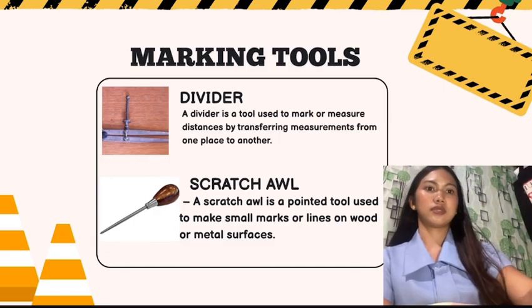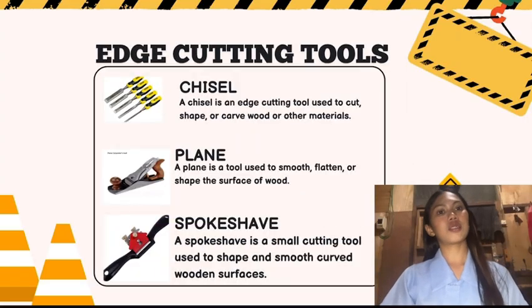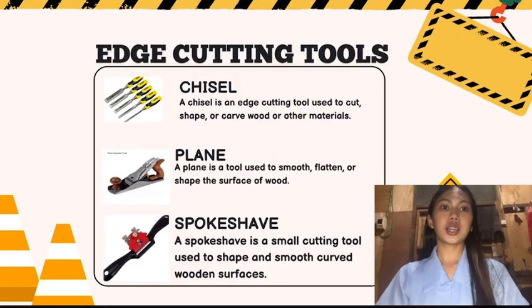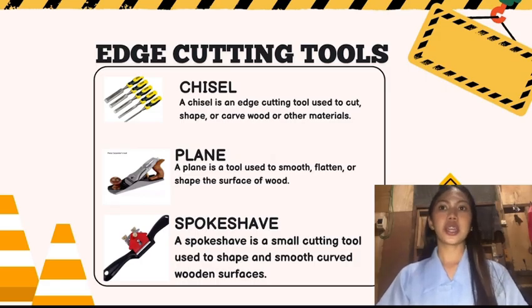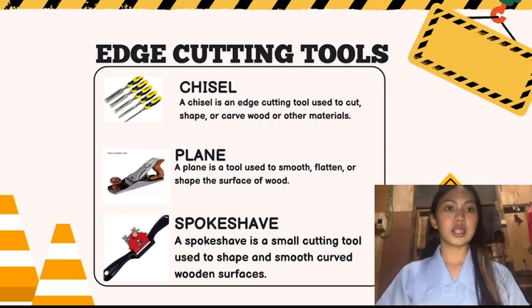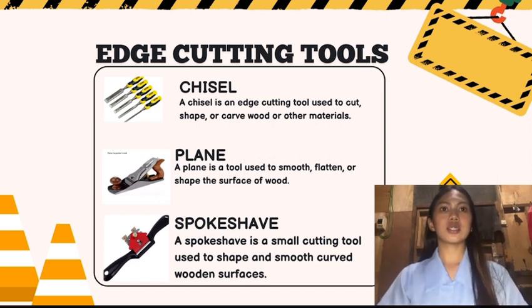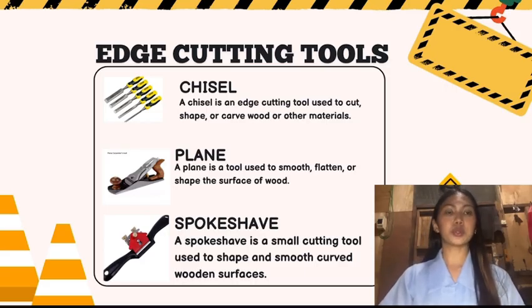The seventh classification of hand tools is edge cutting tools. Edge cutting tools are used to cut, shape, and smooth surfaces. There are three examples of edge cutting tools, which are chisel, plane, and spokeshave. A chisel is an edge cutting tool used to cut, shape, and carve wood or other materials.